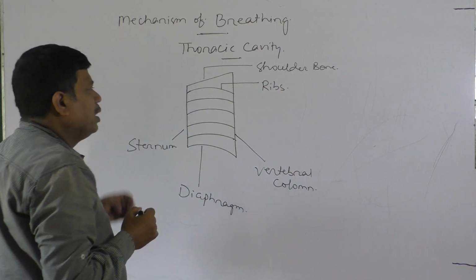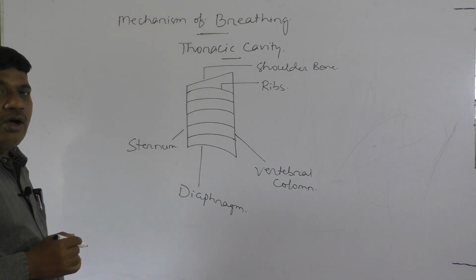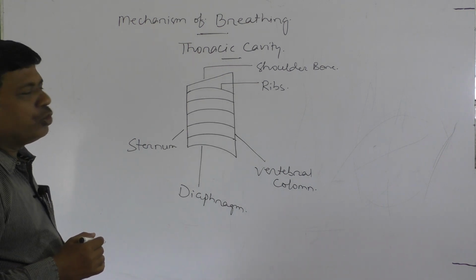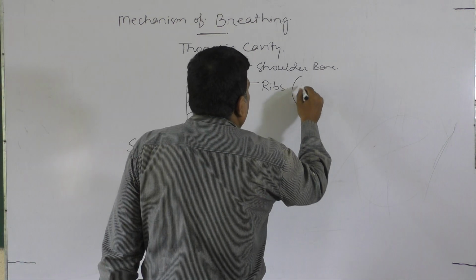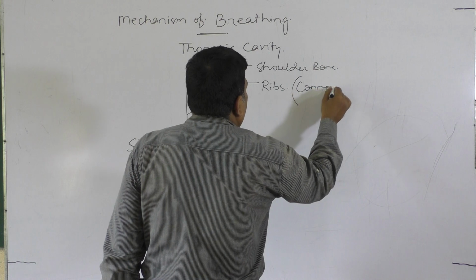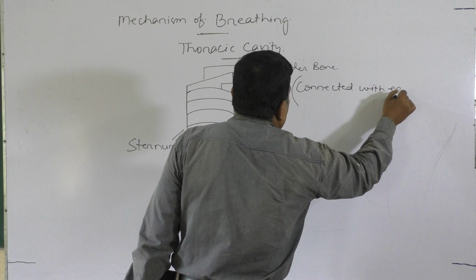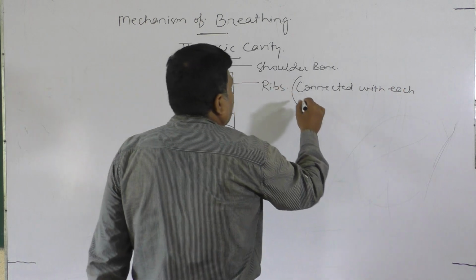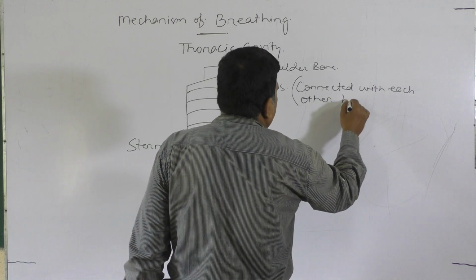This is ribs. And the 12 pairs of ribs, they are connected with each other by two sets of muscle.